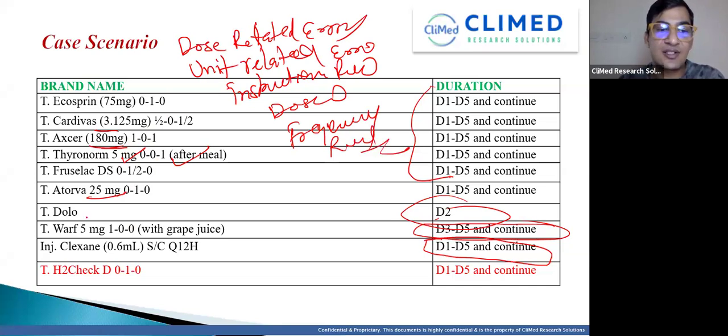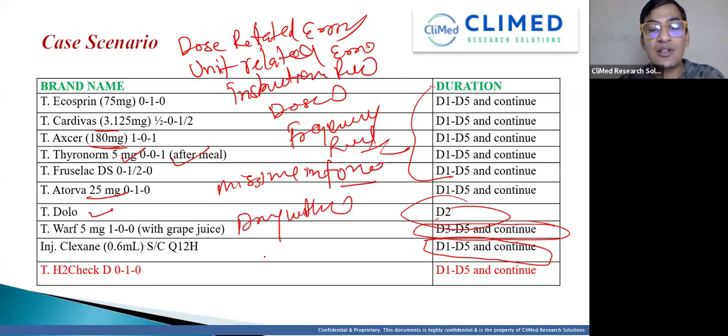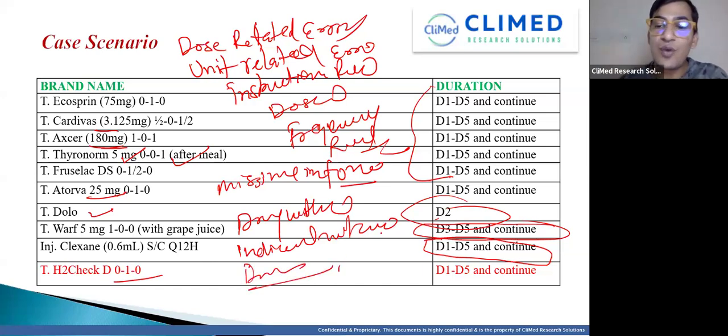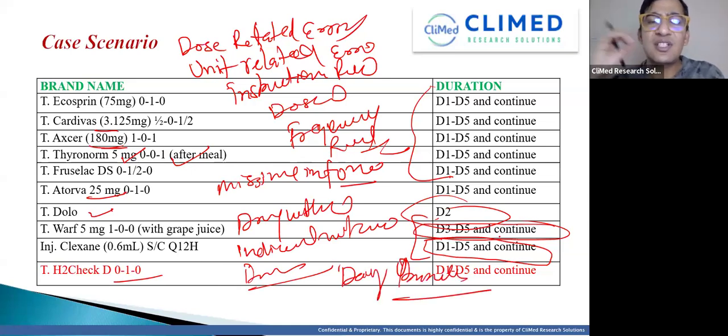Then missing dose or missing information. Drug without indication. Indication without drug. And then again instruction related error. And then days, duration related errors. You have learned many things from this prescription.